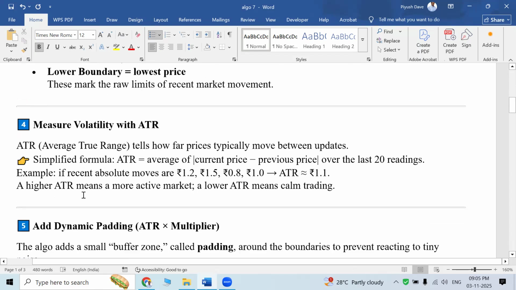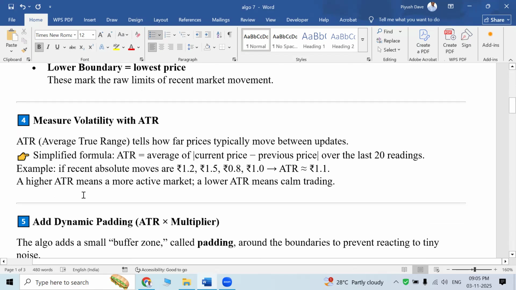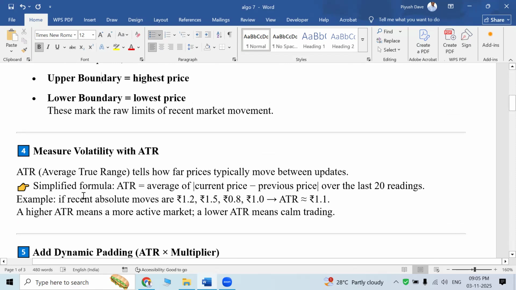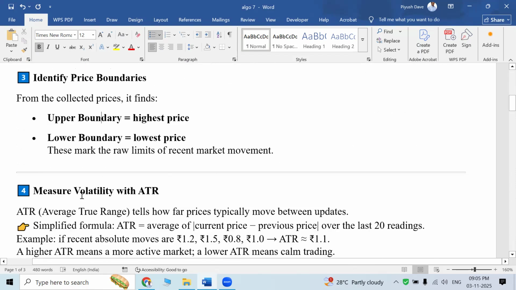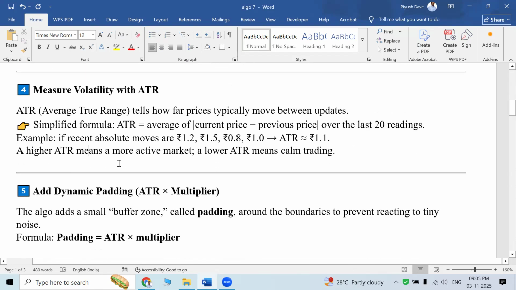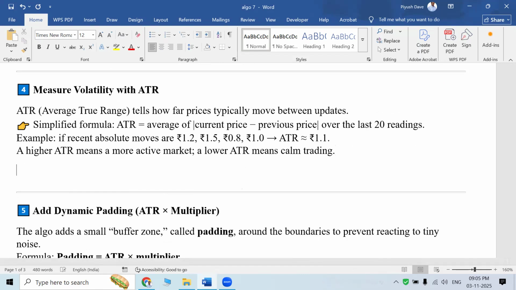Once we do that, we will calculate the ATR, that is average true range. What is the meaning of that? Suppose the first price which we get is 1000, the second price is again 1000, and the third price is 1002.